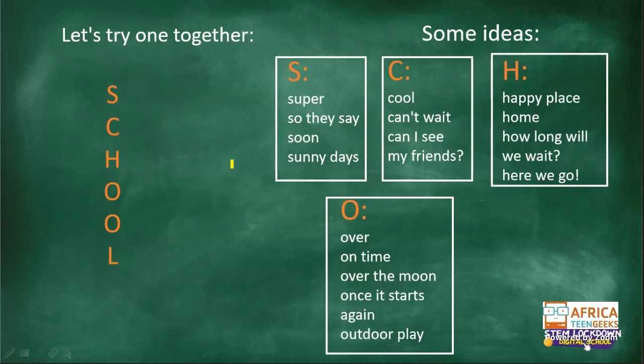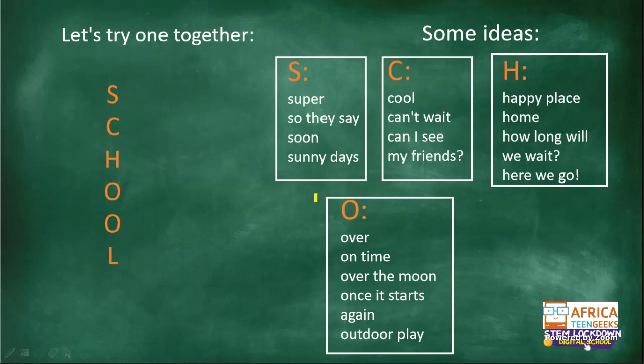obfuscate. And now I see outlook. Your outlook to go back to school. Good. Okay, and then you see mine, over, on time, over the moon, once it starts again, and outdoor play. Okay.